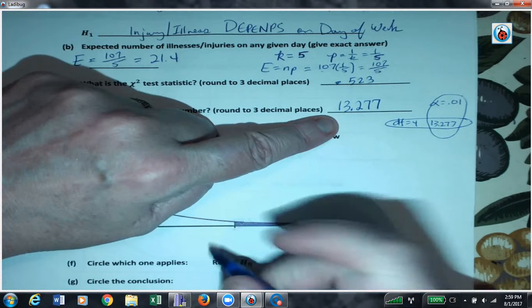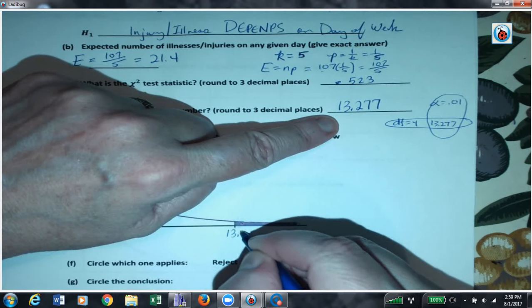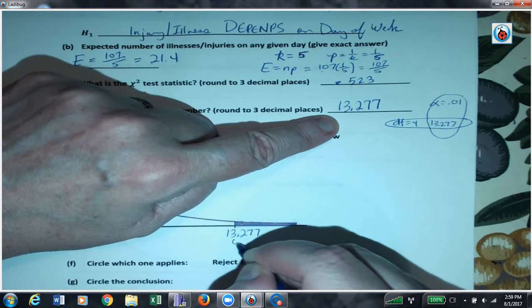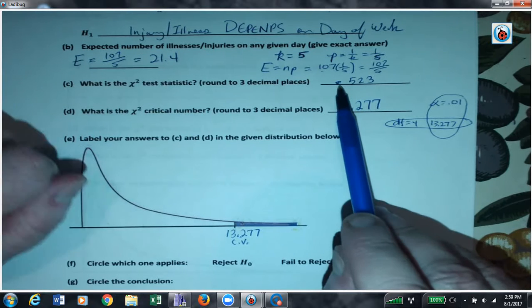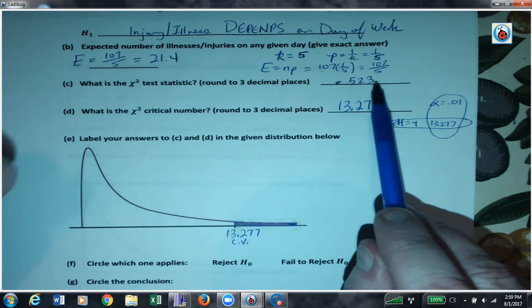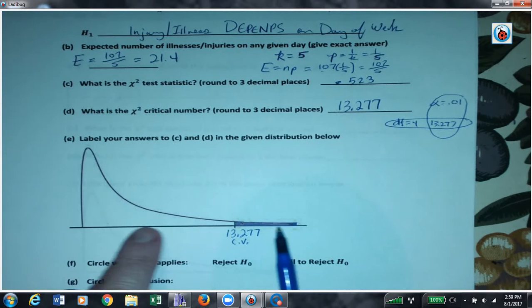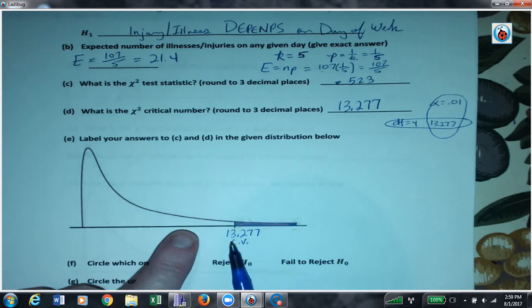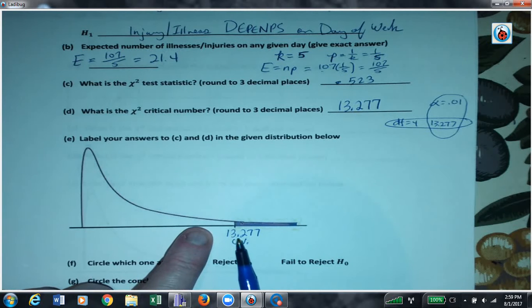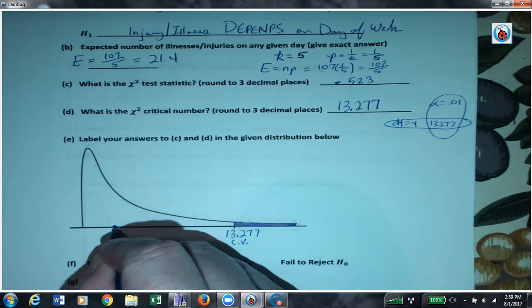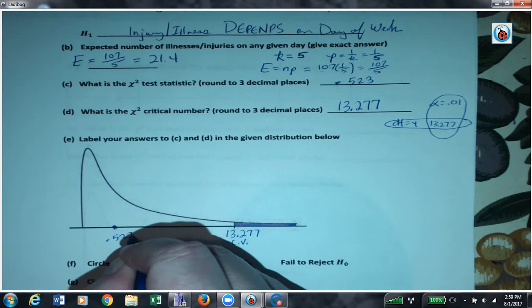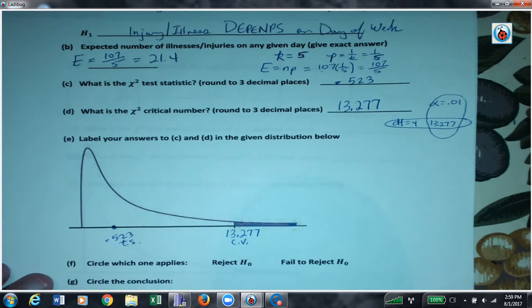Our critical number here is 13.277. That's my critical value. What was the test statistic? It is 0.523. Where is that on this line? 0.523 is much smaller than 13.277, so it's way over to the left here. So that's where my test statistic is.